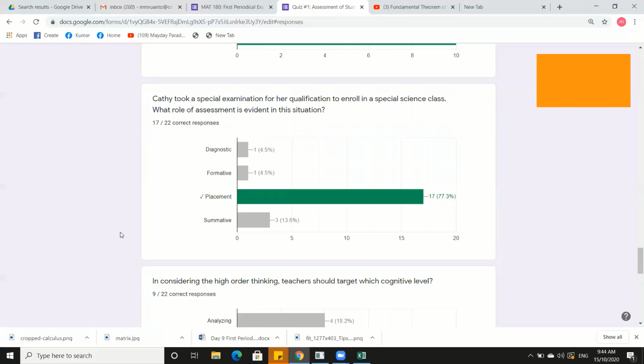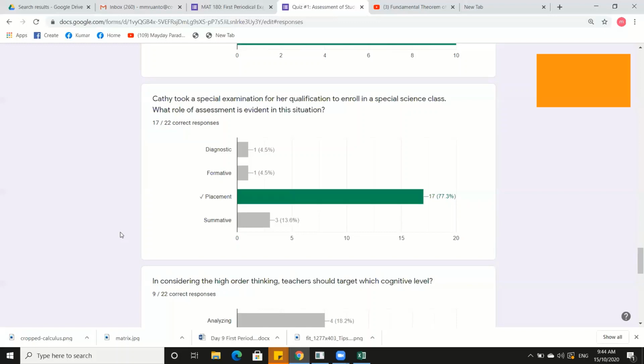So what are examples of placement assessment? One example: those who are already old enough and have stopped school.